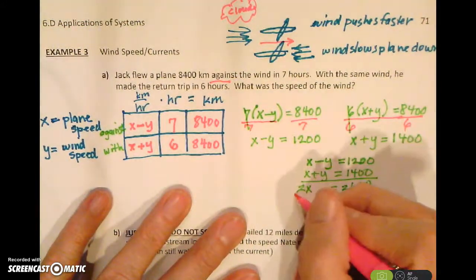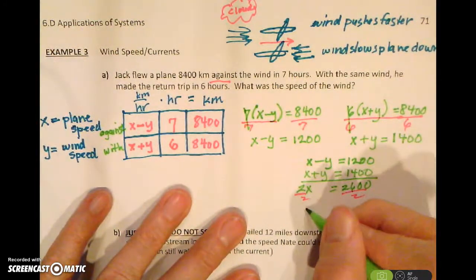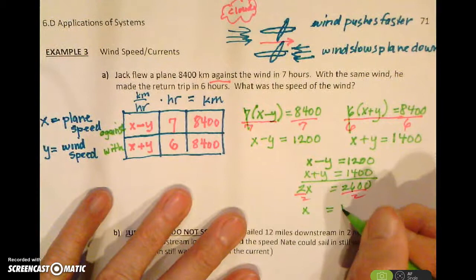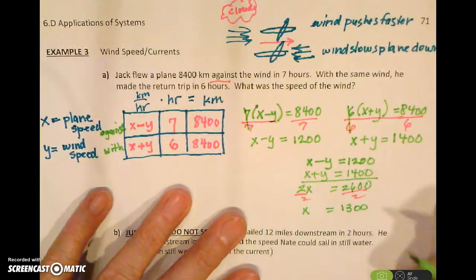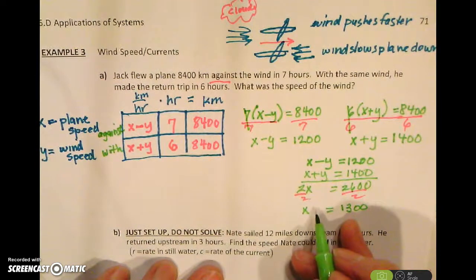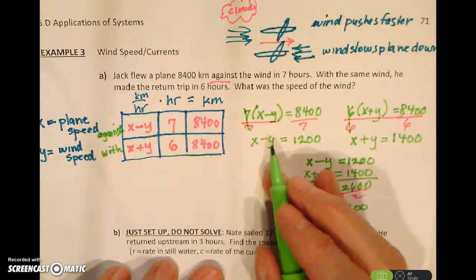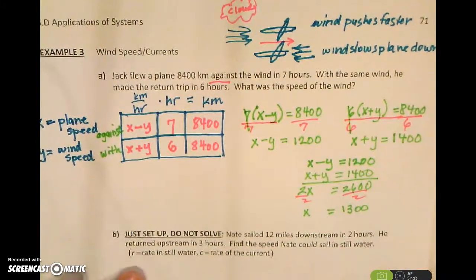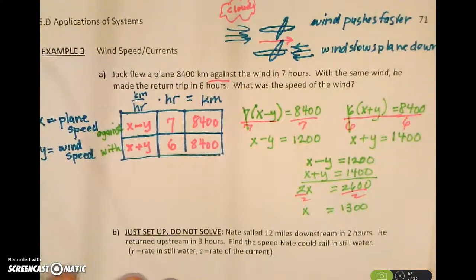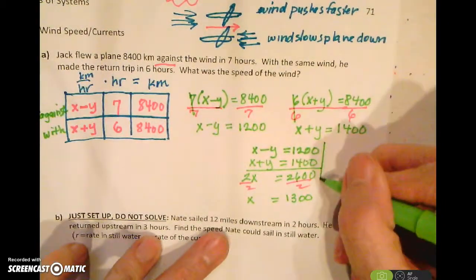Then divide both sides by 2, and I will end up with x is equal to 1,300. Once I find that x is 1,300, I can place that in for my x in either one of these equations. Let's just do it into the second one.